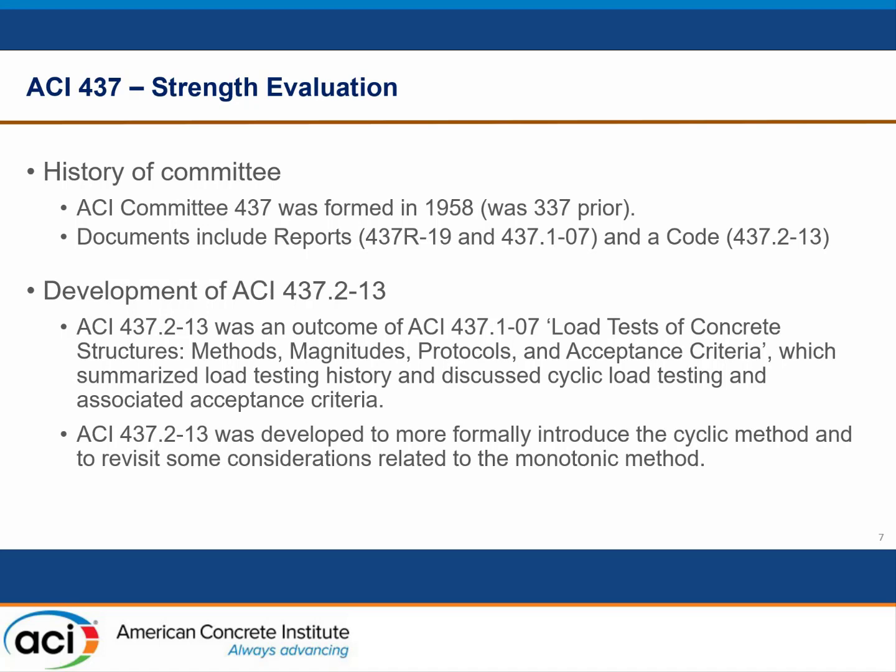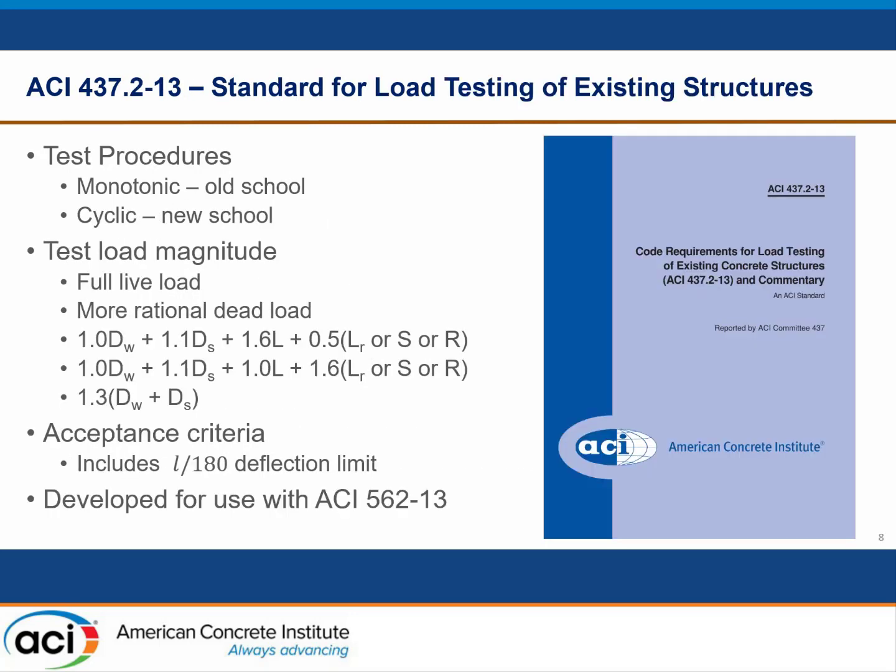That's a standard load testing standard for concrete structures. It's a new standard. ACI TAC allowed the committee to develop a standard. Specifically, they wanted to do that because they had some better ideas on how to do load tests. So a radical change by one of the committees created a standard for load testing.